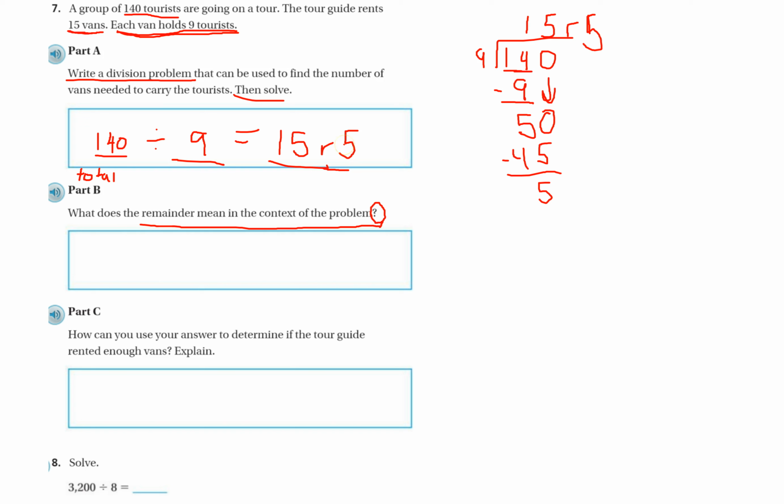So imagine that 140 people are standing outside their hotel waiting to go on this tour. 15 vans pull up, 9 people get on each van, and then there's 5 people left over that say, hey, there's no room for us on any of these vans. So what that means is there are 5 people with no ride.